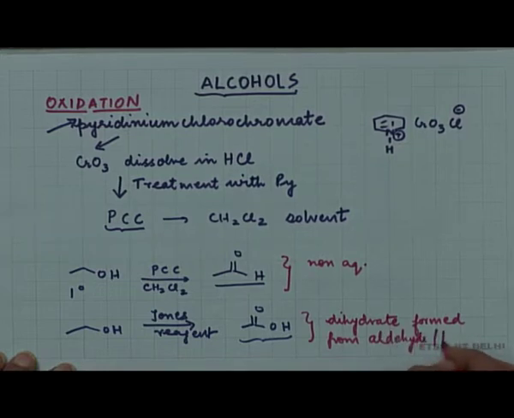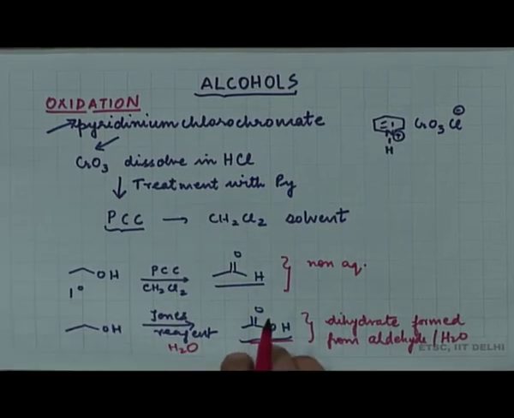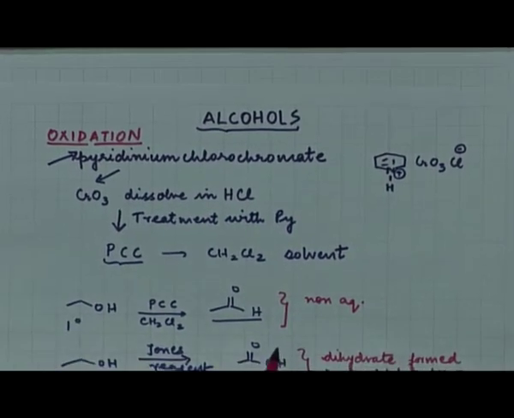In the presence of water, this is what was happening, and this was leading to the further reaction. Since this is taking place under non-aqueous conditions, we are able to regulate the reaction and stop it at the aldehyde stage. So, this is one important reason why pyridinium chlorochromate is used in specific conditions.